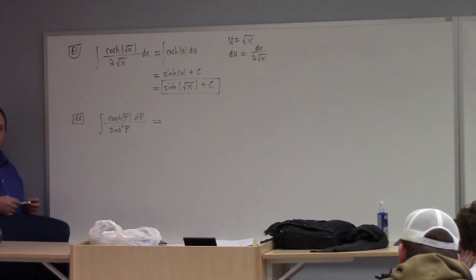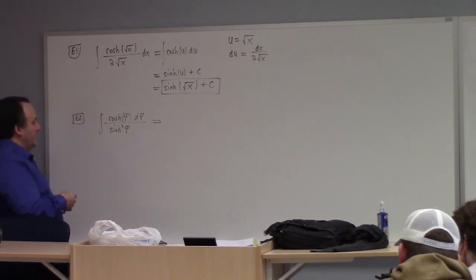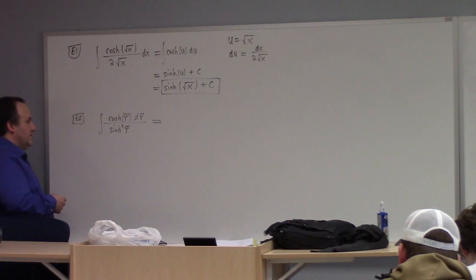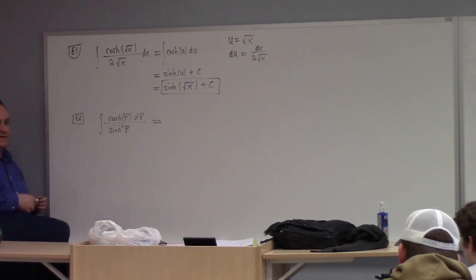I was thinking, can we take out like a 1 over sinh? Take out? What do you mean? Because you know sinh squared. Okay. I mean, yeah, use it as a constant. Oh, but it's not a constant. That's the thing, is we're integrating over phi. So that's not a constant. We can't pull it out of the integral.